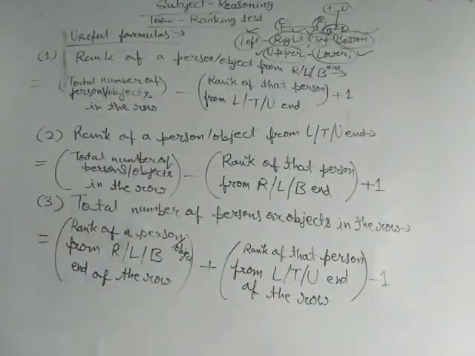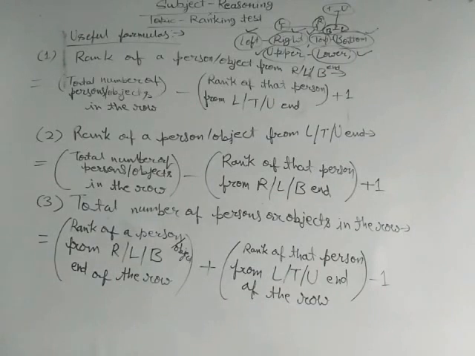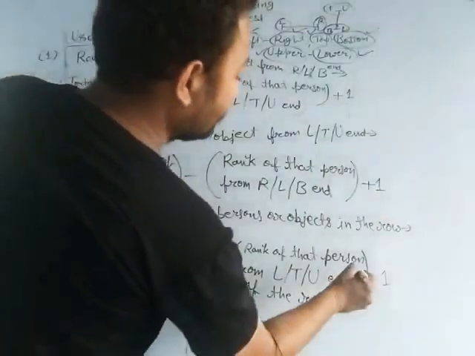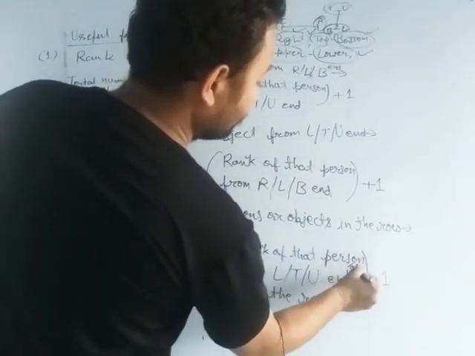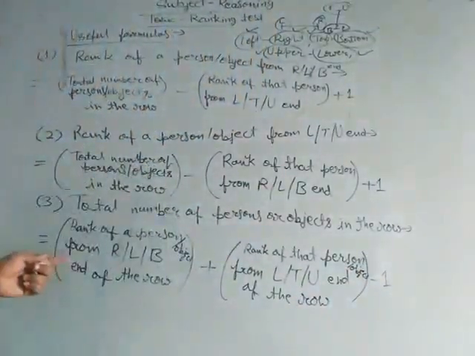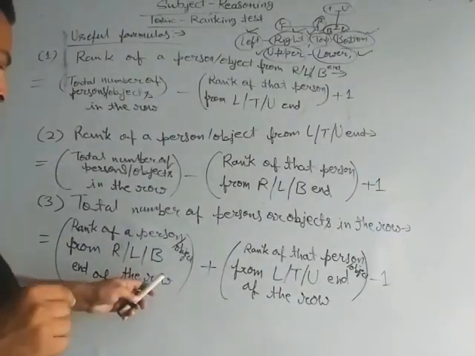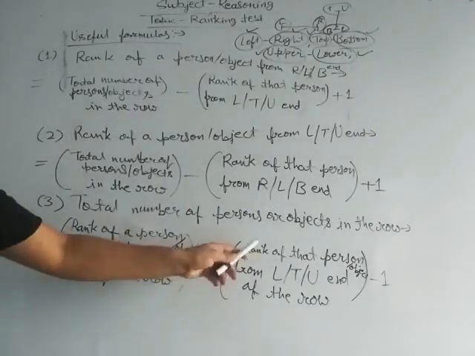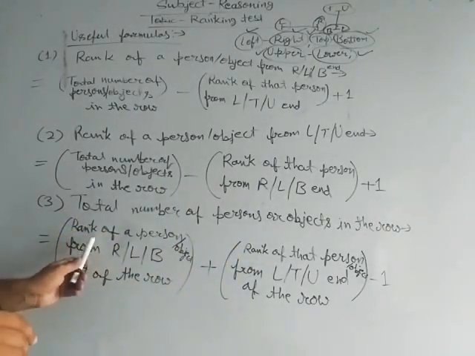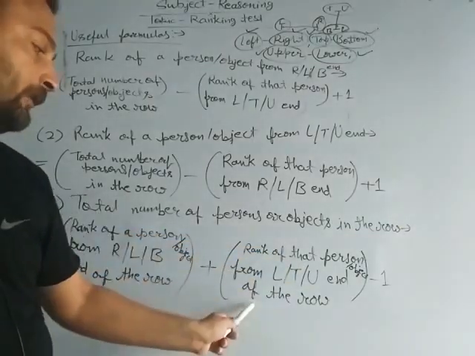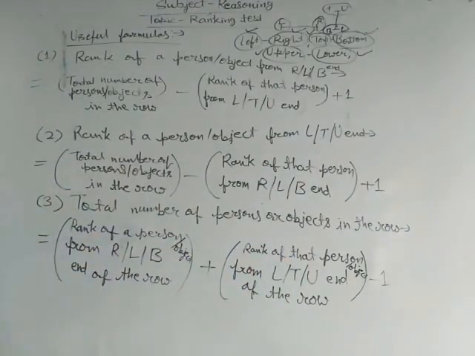If you are asked to determine the total number of persons or objects in the row, then the formula is rank of a person or object from right or lower or bottom end of a row, plus rank of that person or object from left end, top end or upper end of the row, minus 1.